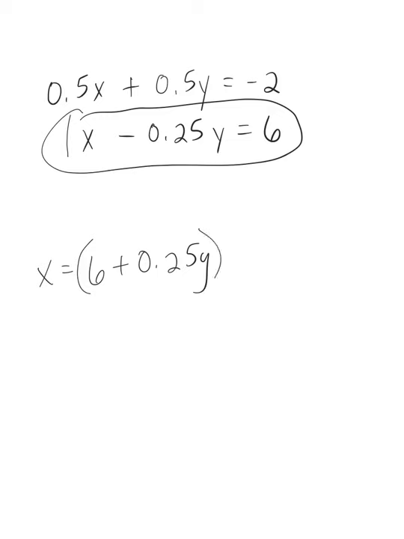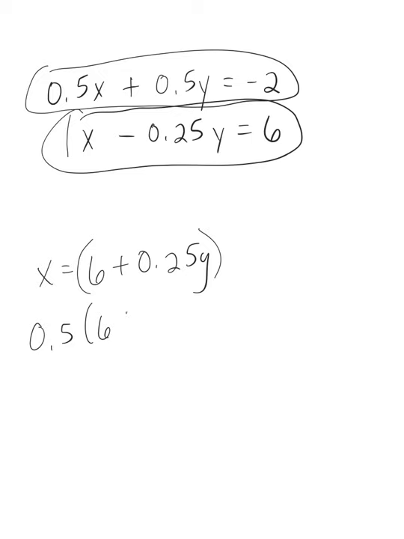So I'm going to take all of this, since it equals x, and plug it into the top equation. I have 0.5, and I'm going to replace x with what it represents. And now I have one variable to solve for.